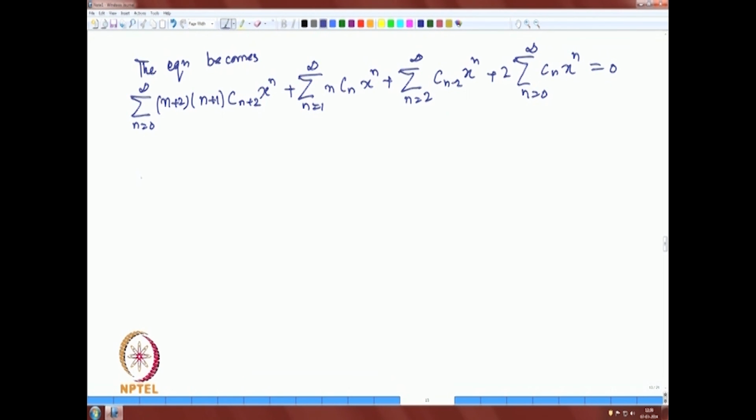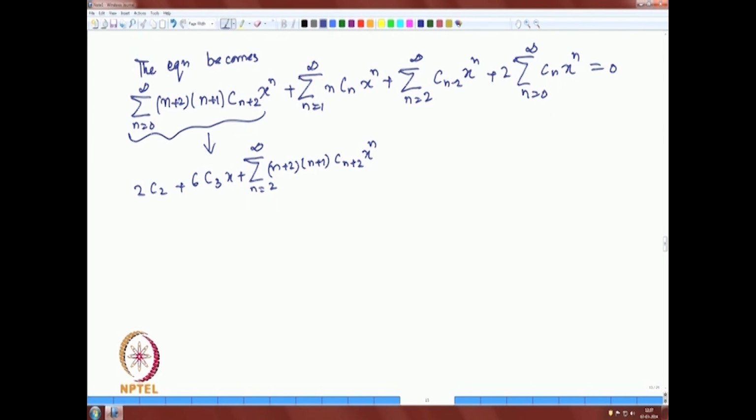Therefore, what we get is 2 times, when n is equal to 0, 2 c_2, plus 6 c_3 x, plus the common range n equals 2 to infinity (n+2)(n+1) c_{n+2} x^n.